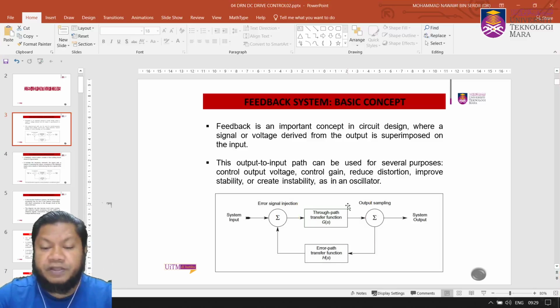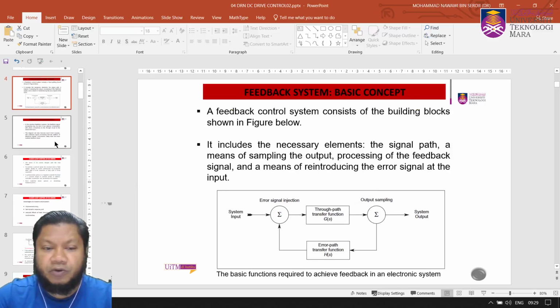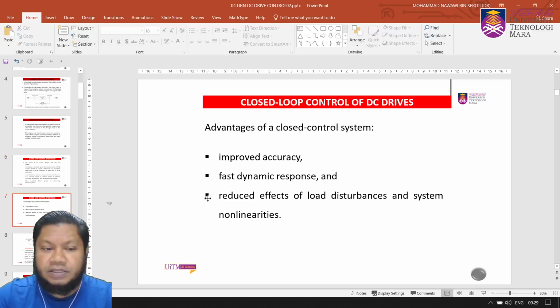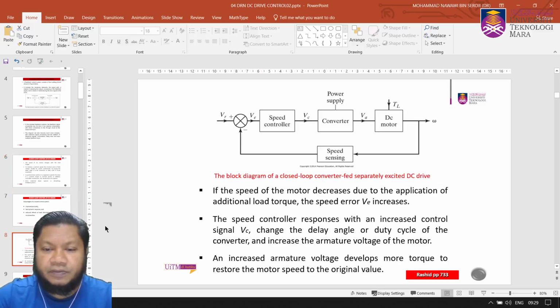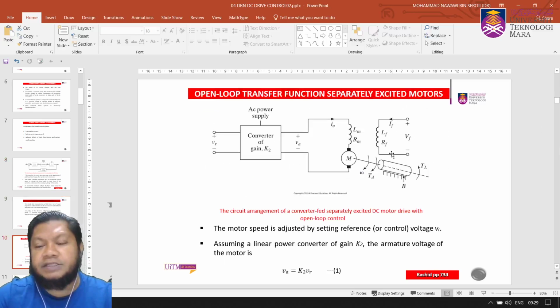So you start with modeling the motor. Okay, so this is the complete system. We start with the steady state equation to model the motor operation, right?